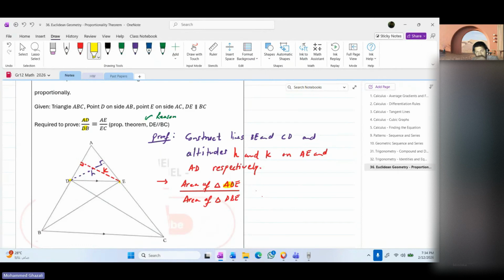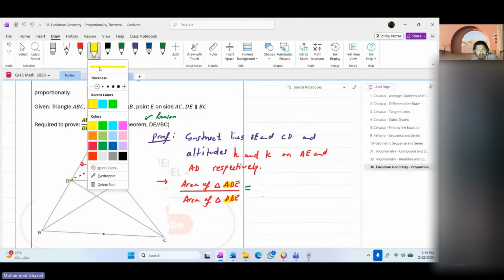Now you can see that AD and DB appear there, but that's part of a triangle and this is a line. So now we need to show some calculations for how you find the area. That's the reason why we drew an altitude. Look at triangle ADE and triangle EDB.